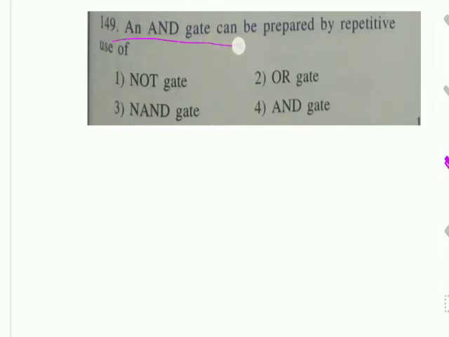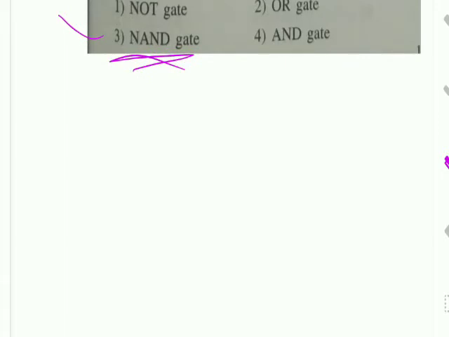An AND gate can be prepared by repetitive use of NAND gates. Why? The NAND gate is a universal gate, so two NAND gates are required to prepare an AND gate. See the diagram. This is a NAND gate.